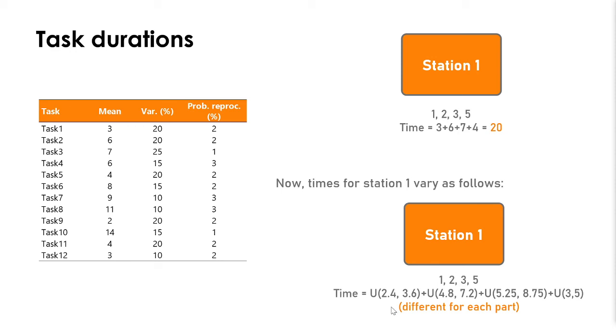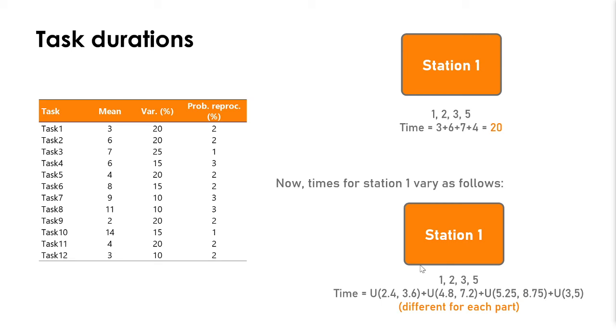So for every single amplifier we produce in station 1, we'll have to get a number corresponding to this distribution, a number for this other one, another number from the third, and another number for the fourth. And when we sum them all, we have the total time for that amplifier in station 1.